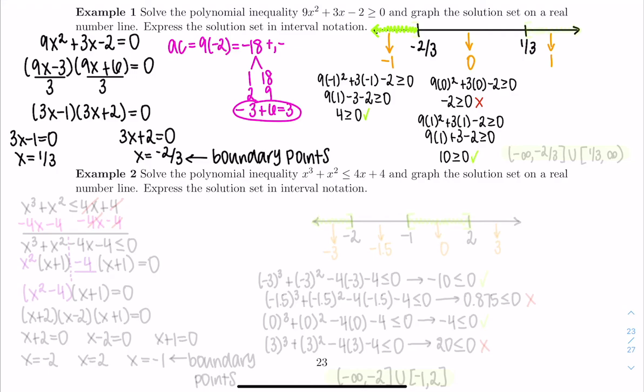So we want to make sure that we shade in that region. Because this was greater than or equal to 0, we want to make sure that we use brackets to include those boundary points.